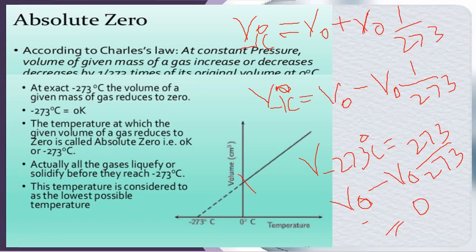Before reaching minus 273 degrees, the gases will liquefy or will turn to solids. So this is considered as the lowest possible temperature, and it is called absolute 0.